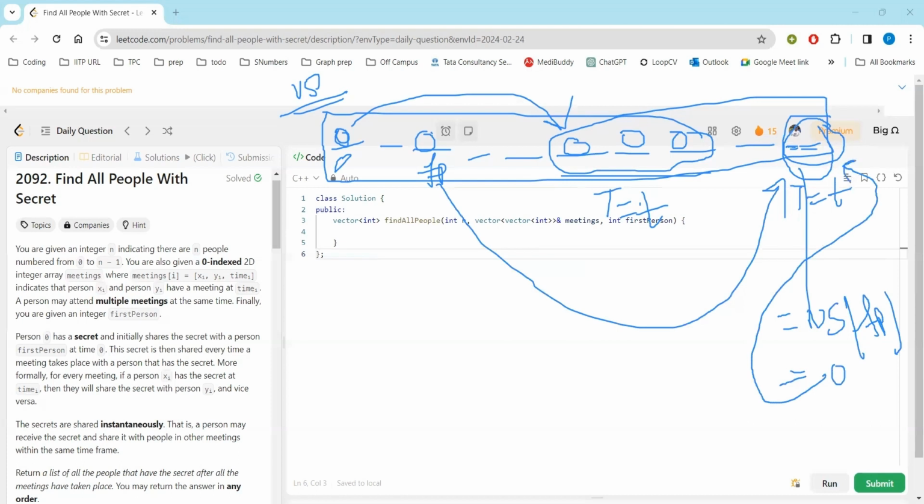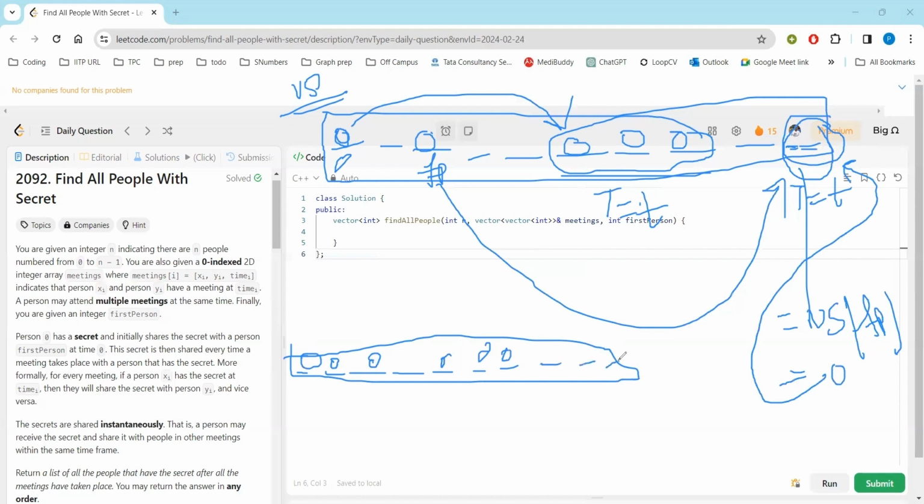That means after completing all the meetings, at the end of the time frame, at last we will see the ultimate source of secret for all the persons. If there are persons whose ultimate source of secret is 0, that means only those persons know the secret and the remaining don't know the secret.